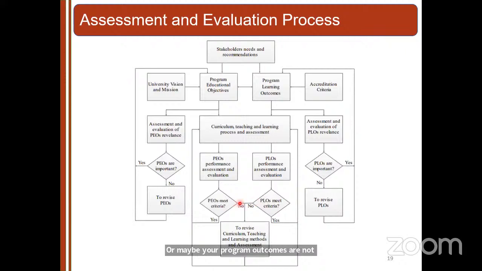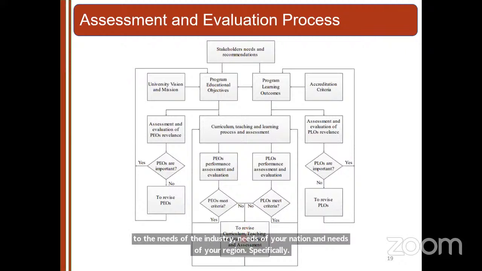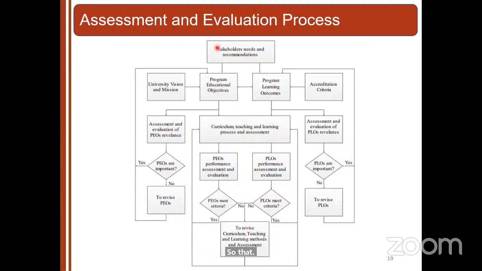So when they both are not met, one thing that you have to do is revise your curriculum and teaching and learning methods according to the needs of the industry, needs of your nation, and needs of your region specifically. So if you see here, this will directly lead you to the stakeholder needs. Which actually means that you have not satisfied the needs and recommendations of the stakeholders.